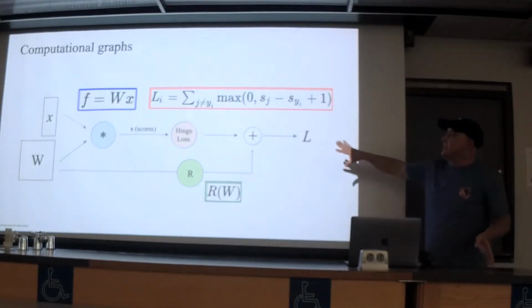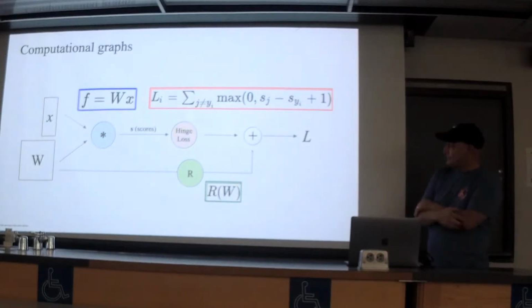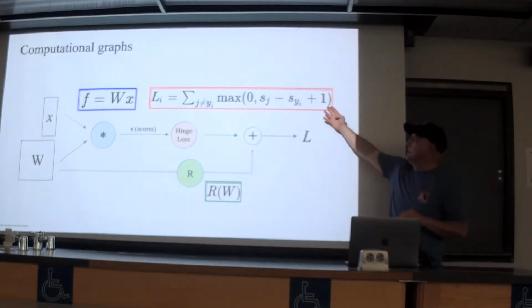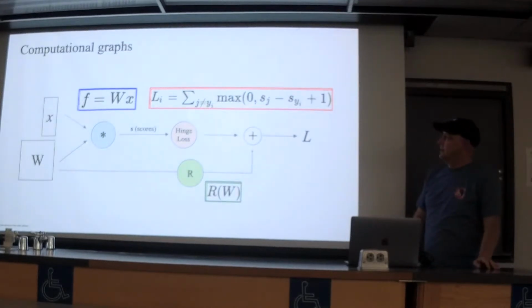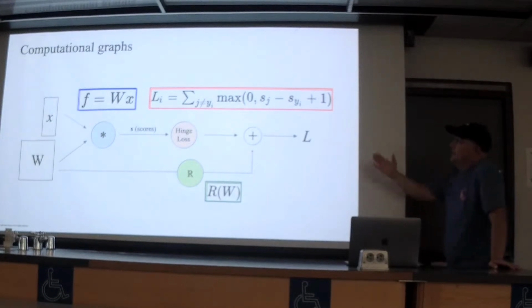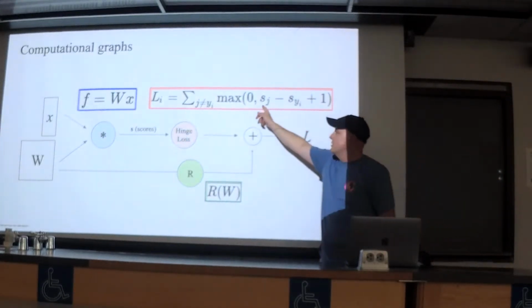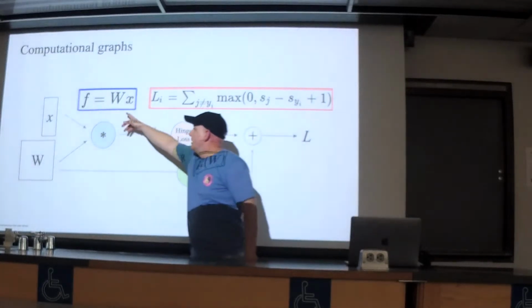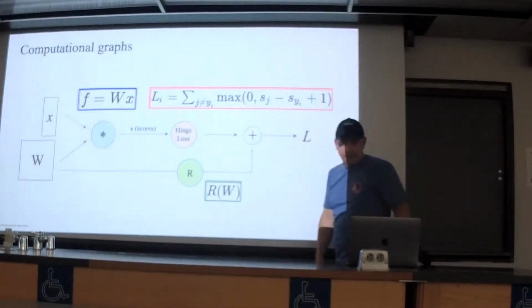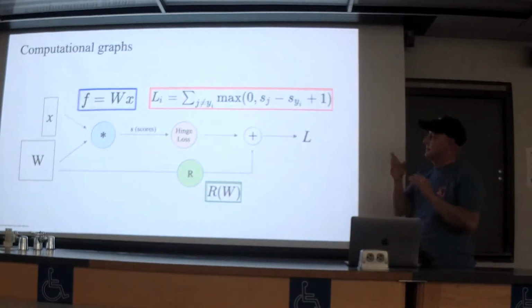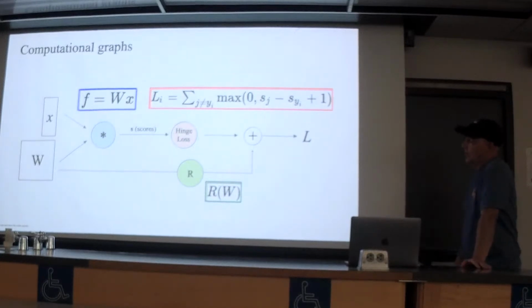So very simply, something that we've already looked at: if we want to compute the hinge loss for a particular data point in our data set, here is this analytical expression for it, and these scores are given to us by this linear function w times x.